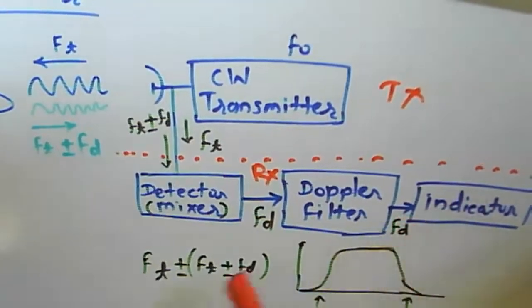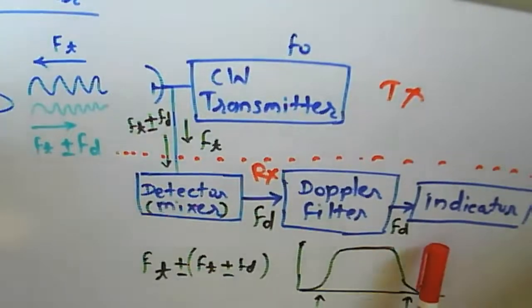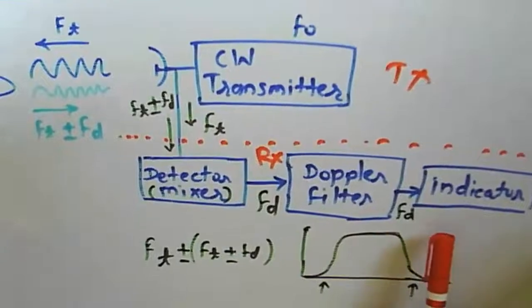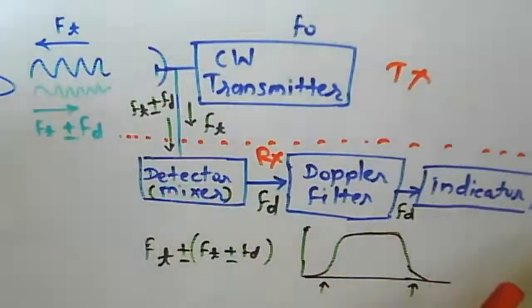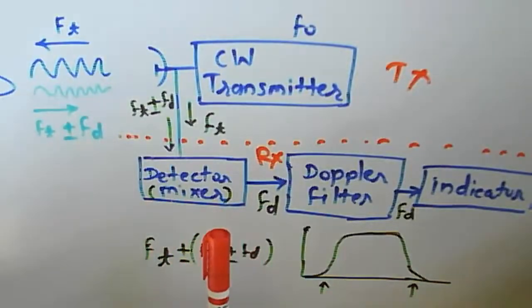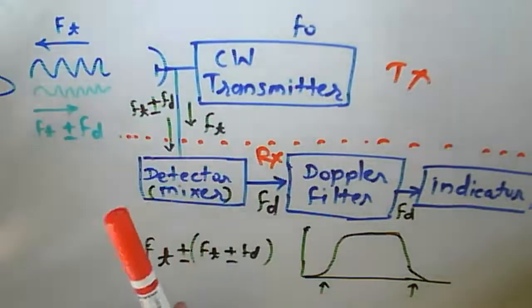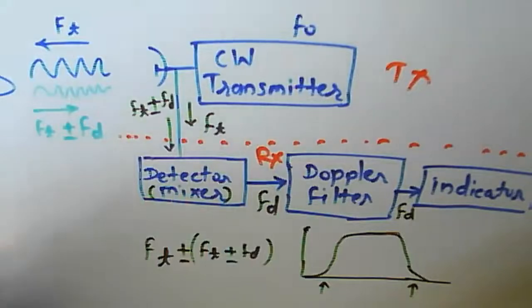Because the indicator is an earphone or a frequency meter, it will give a false indication of the target. That's why we ensure proper isolation between the transmitter and the receiver.